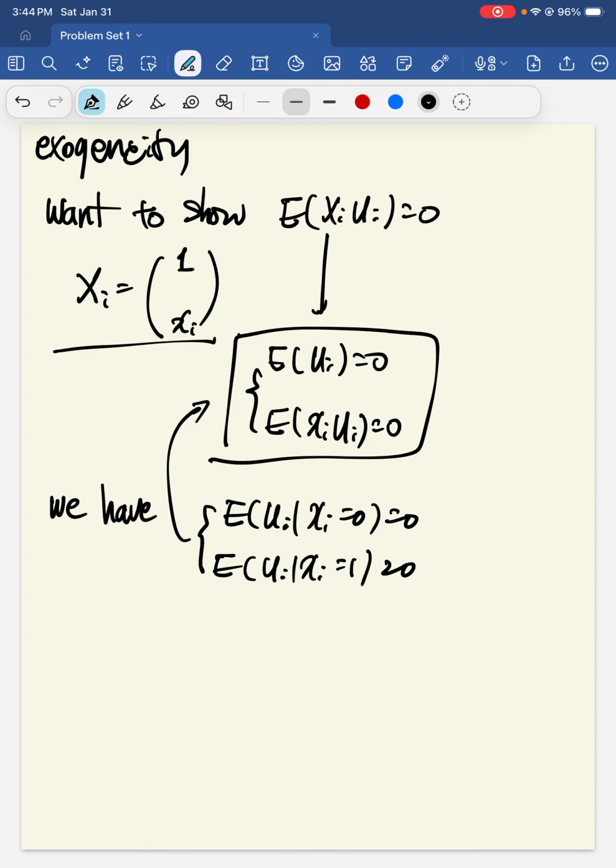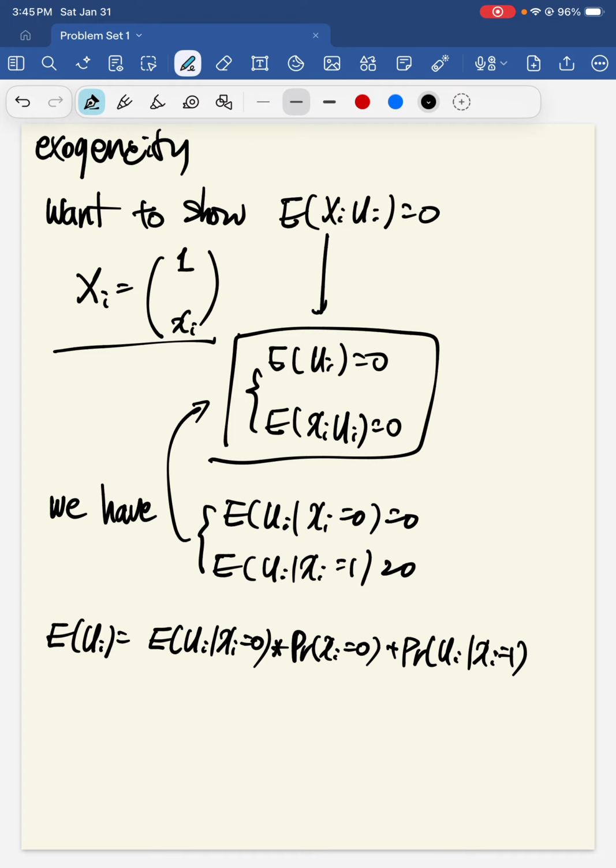Okay, then the unconditional expectation of u equals the expectation of u given xi equals 0 times probability x equals 0, plus the expectation of ui given xi equals 1 times probability x equals 1.